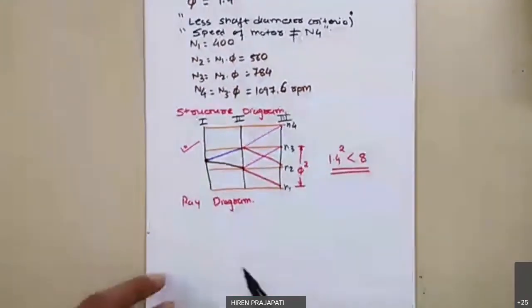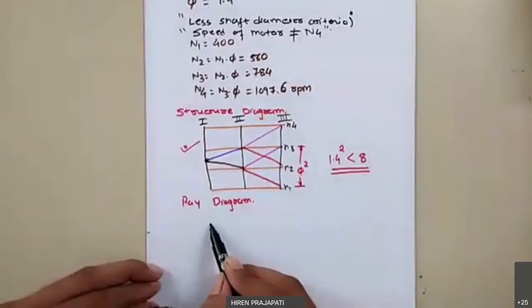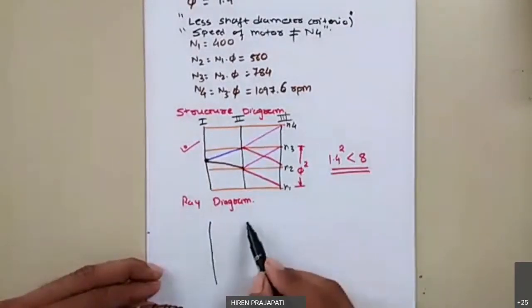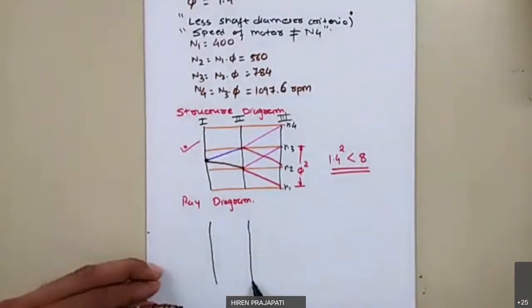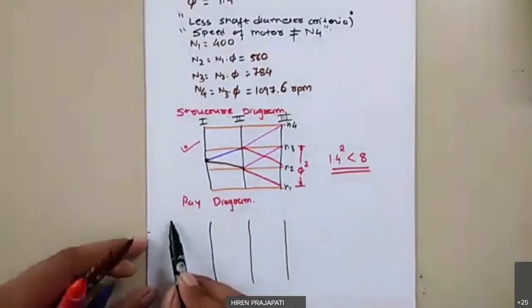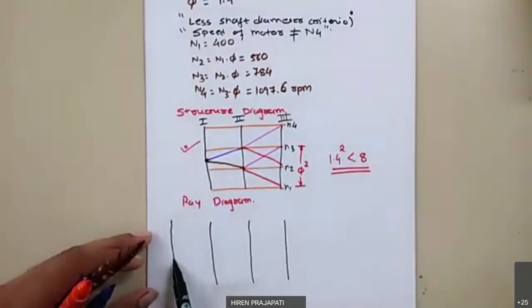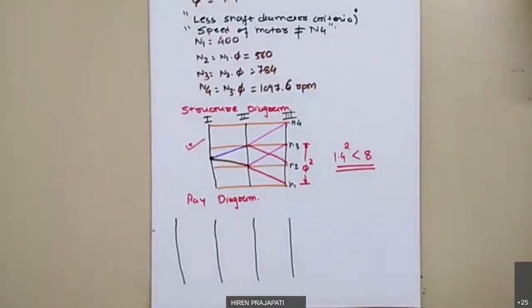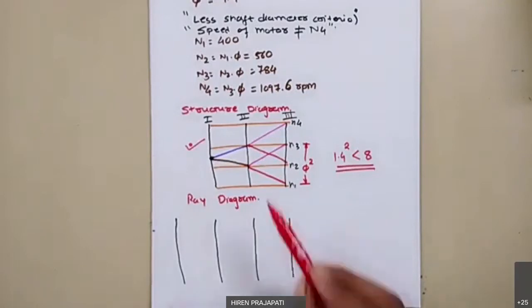For the ray diagram, one more vertical line to indicate the motor shaft. So shaft 1, 2, 3, and I consider one additional vertical line. Now, how many horizontal lines?